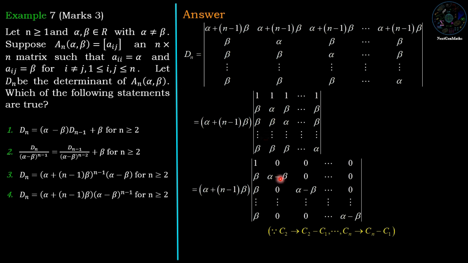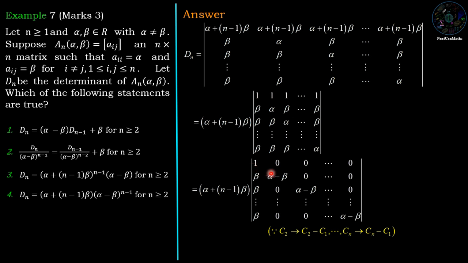Then we get in the second column 0, alpha minus beta, 0, 0, 0. Similarly, if we subtract the first column from the third column, then 1 minus 1 is 0, beta minus beta 0, alpha minus beta, then beta minus beta 0. So the third value is alpha minus beta, and similarly for the last column 0 0 0, and the last value is alpha minus beta. This column operation also does not change the value of the determinant.